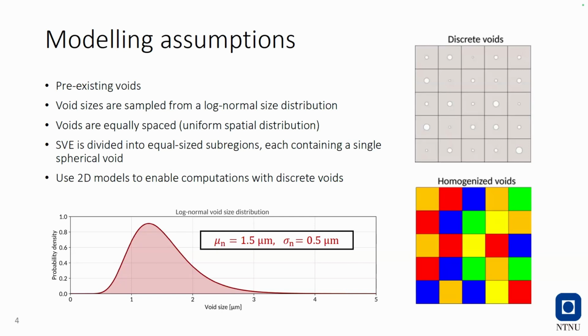Then we can divide our model into equal sized subregions containing a single void, a spherical void in 3D, but here it's a circle. And then we do the same, but we distribute porosity in the case of homogeneous. So we use 2D models here to be able to run simulations with discrete voids, with a lot of voids.